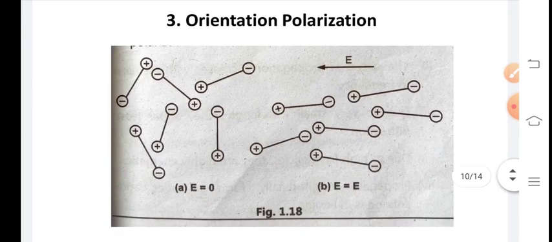The last one is the orientation polarization. This figure shows the orientation polarization. The orientation polarization is produced only in the case of polar molecules. Polar molecules means having two different polarities, such as H2O, HCl.